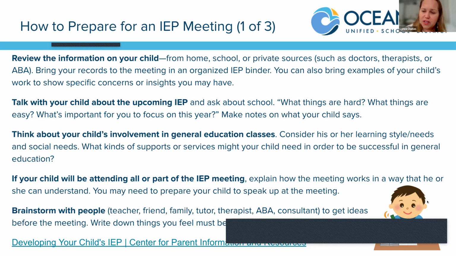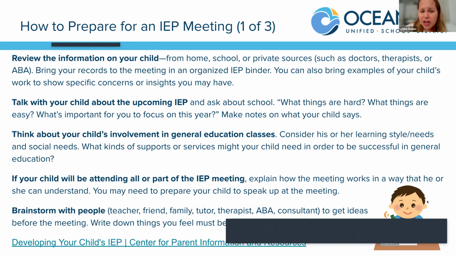So as you put the information into and organize it into the binder, that'll also give you an opportunity to review the paperwork, see what you have, so that you can feel like you are informed and you have something to bring to the table. You have extra information, maybe some from doctors or therapists or ABA.